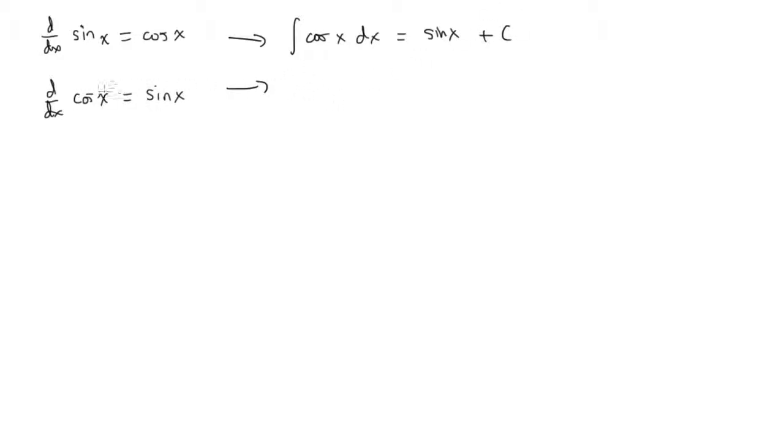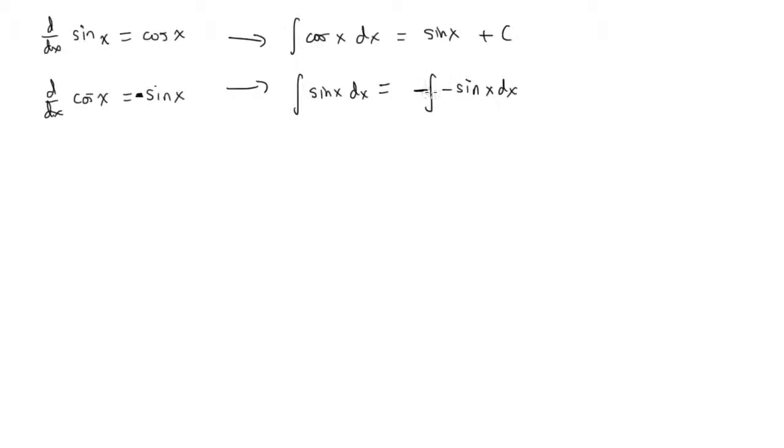And then this one here, the derivative of cosine, is minus sine x. So the integral of sine x is actually minus cosine. And the way I'm going to think about why the minus is in the other spot is first to rewrite this as negative sine x with another negative out here.